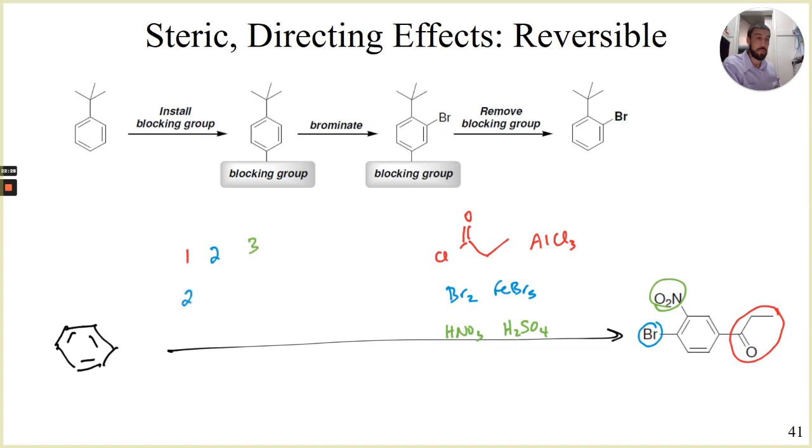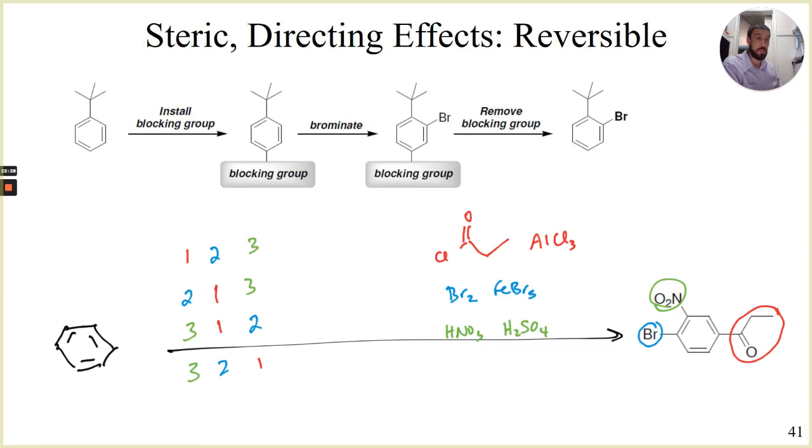Now, since I'm in green, 3, 1, 2, 3, 2, 1. Hopefully you get the idea that we could come up with multiple different variations on how this could come together, and you're going to be responsible for acknowledging what that would mean.